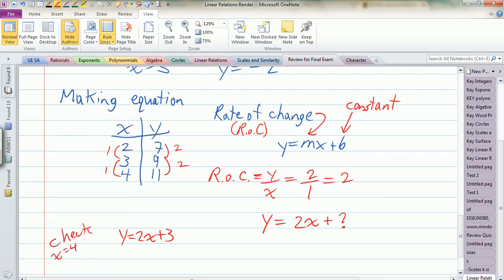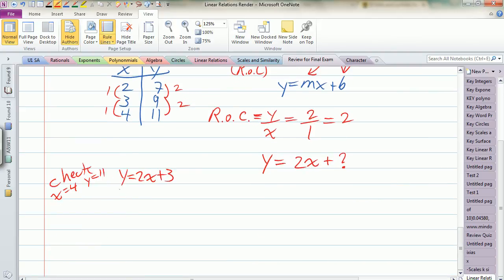X equals 4, y equals 11. So substitute in y equals 2 times 4 plus 3, y equals 8 plus 3, y equals 11. Is that what we wanted? Is that correct? Yes. So check. So the equation definitely is y equals 2x plus 3.